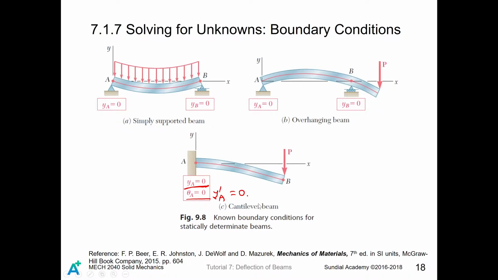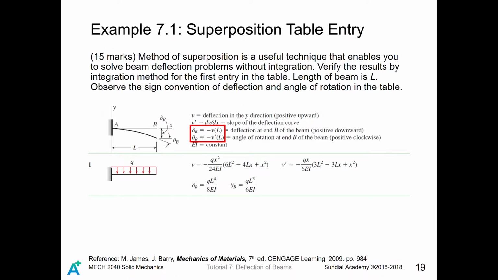Okay. So in this example, we will try to prove some entries in the superposition table, which is a very important table. We are going to prove the accuracy of this table by using the integration method.